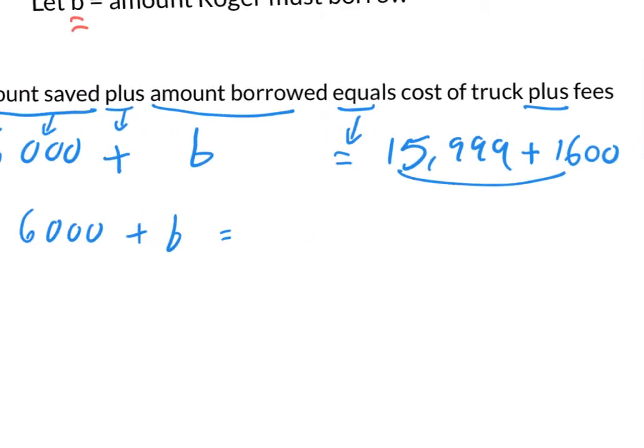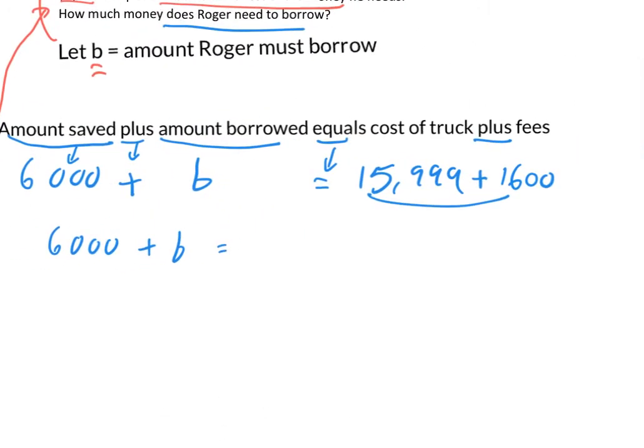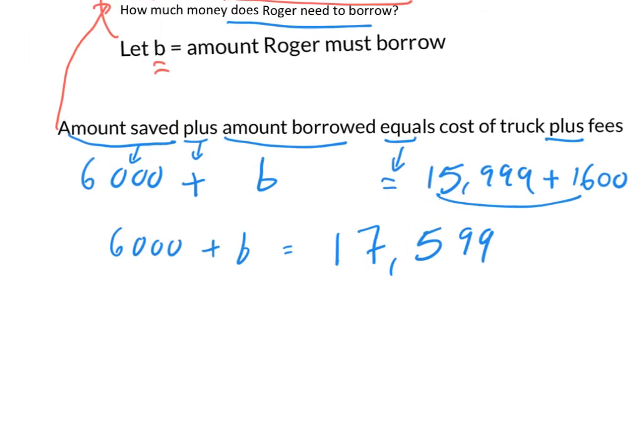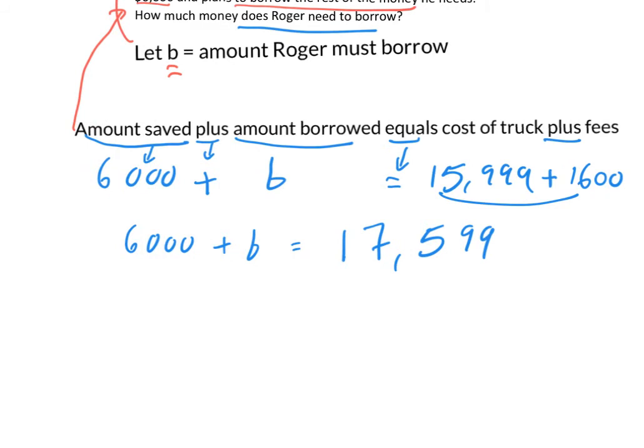If we add 15,999 to 1,600, that would be 17,599, right? And in order to solve for B, to know the amount that Roger must borrow, we need to subtract 6,000 from both sides, because we need to get rid of 6,000 here.